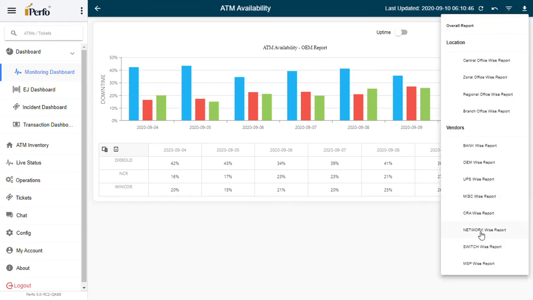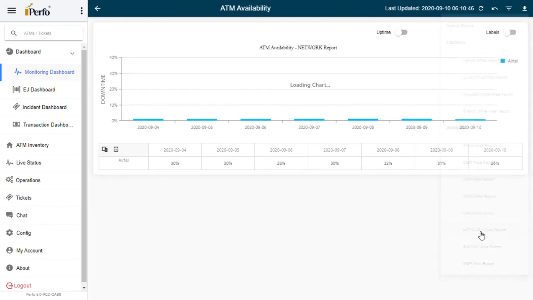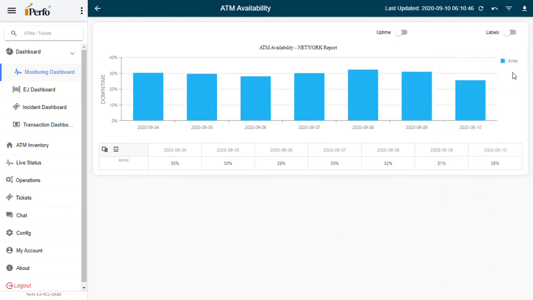Similarly, if you know that the network is causing a problem, right now I have added only one network service provider, but in a large network of ATMs, big banks usually have multiple network service providers. Once you sort by this, you would see clearly which provider-connected ATMs are performing better and which are not.